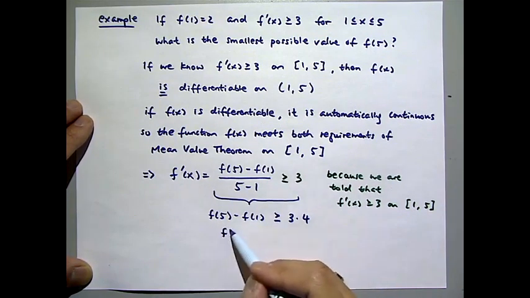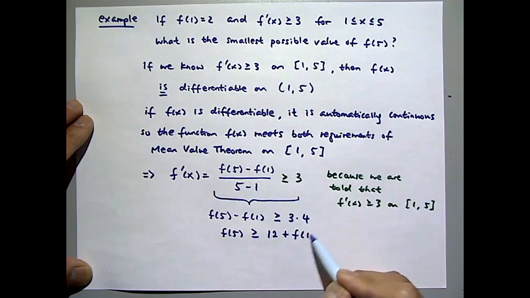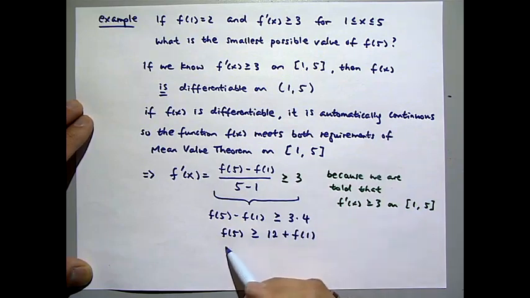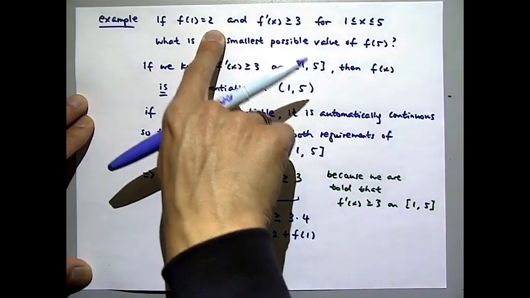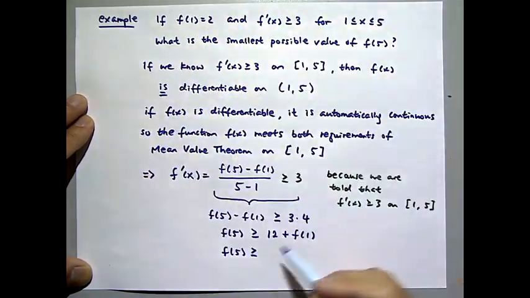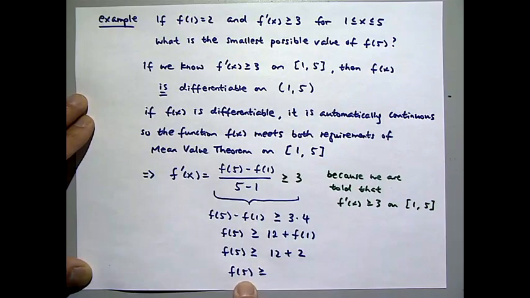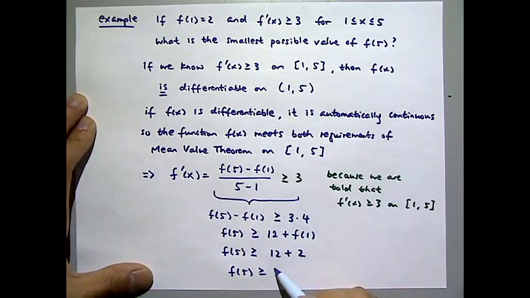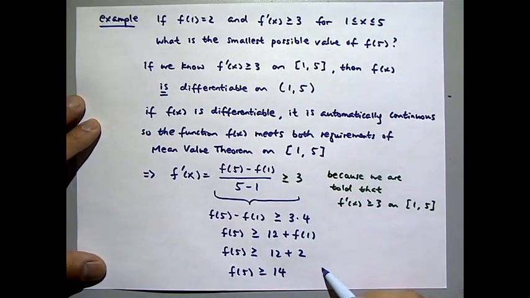So that means f of 5 is greater than or equal to 12 plus f of 1. I know what f of 1 is. It's given to me. 2. So this tells me that the f of 5 value has to be at least 14.